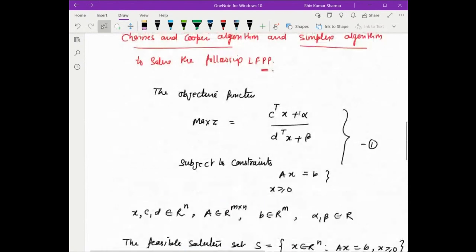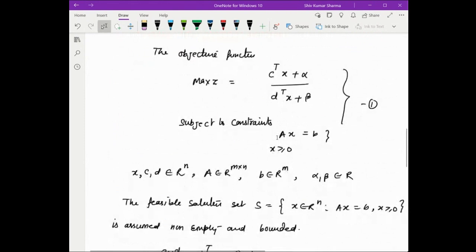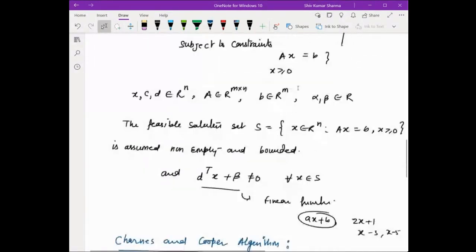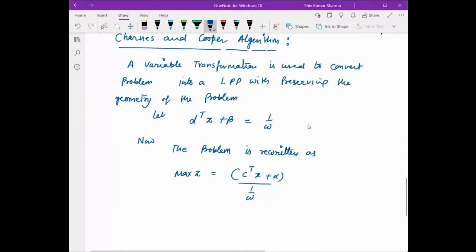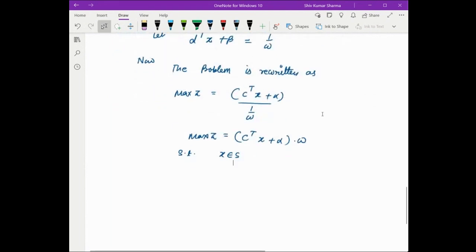So this is the objective function; in place of the denominator we write 1 upon omega, so this becomes C transpose x plus alpha into omega. This is the objective function maximum of z, and subject to constraint x belongs to S, which may be Ax less than or equal to b.